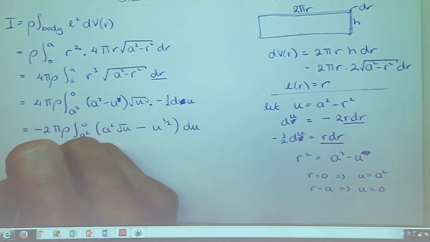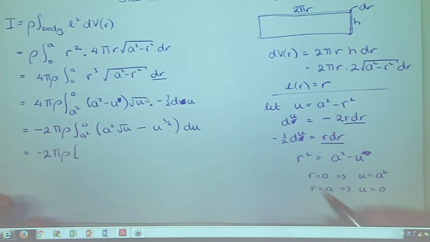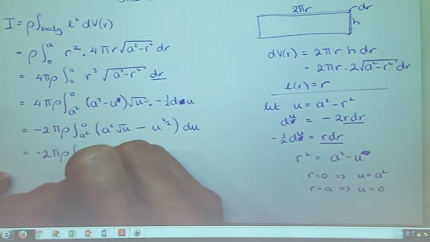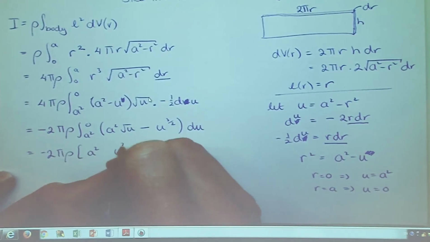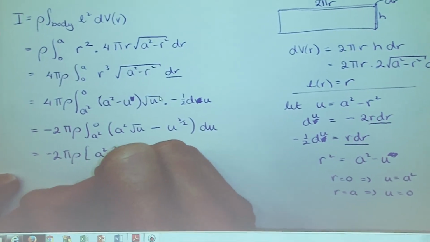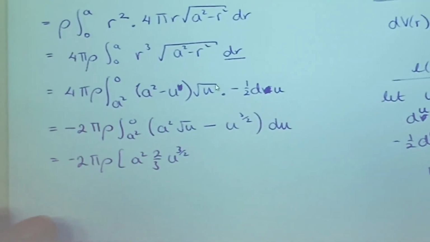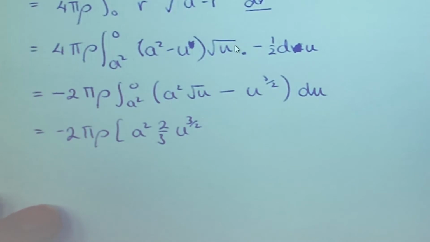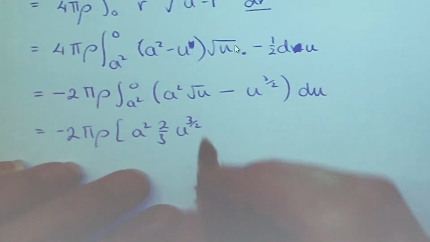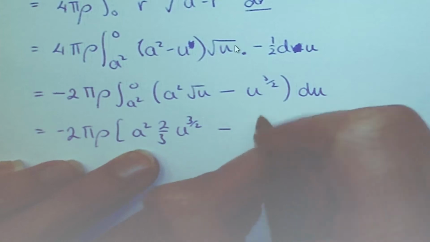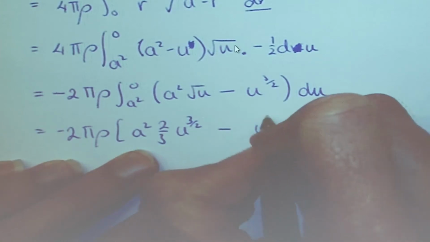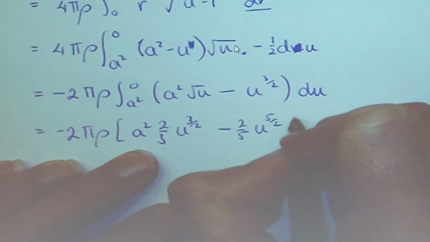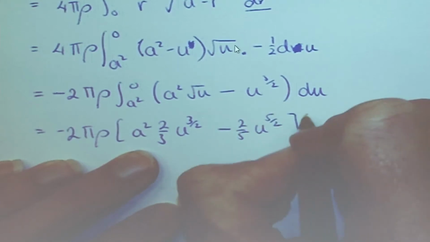Okay, now this is just like different powers of u, so we can integrate that. We know how to do that from long ago. Alright, so u here will get a squared u to the 3 over 2, 2 over 3, minus u to the 5 over 2, 2 over 5, from a squared to 0.